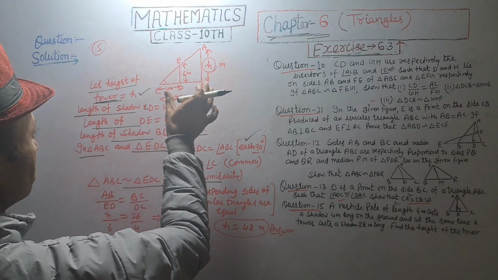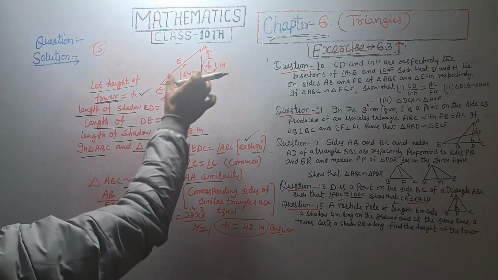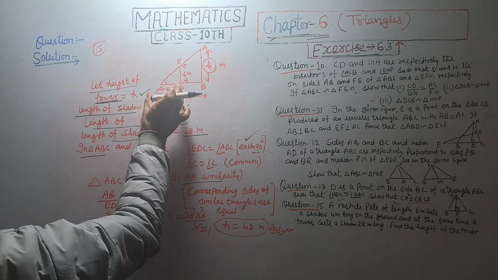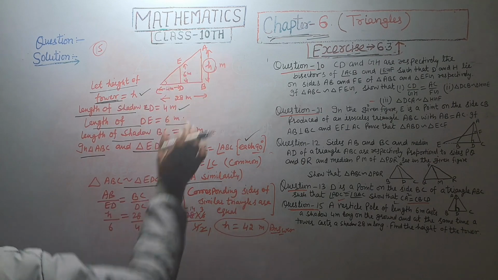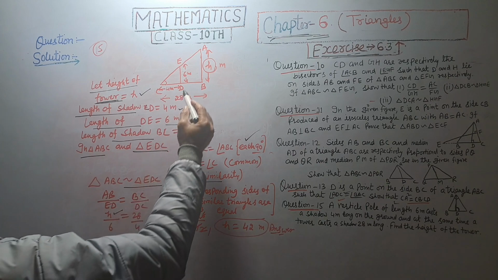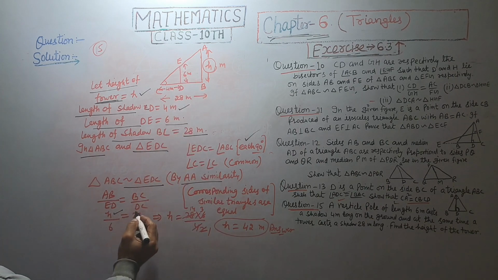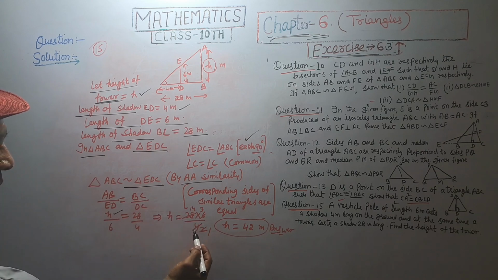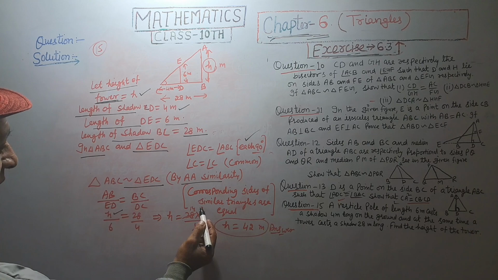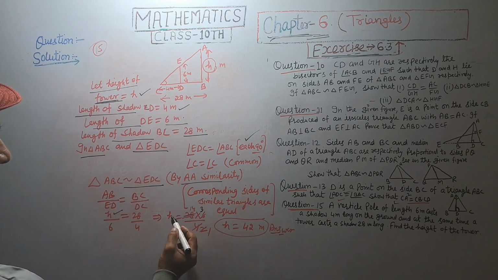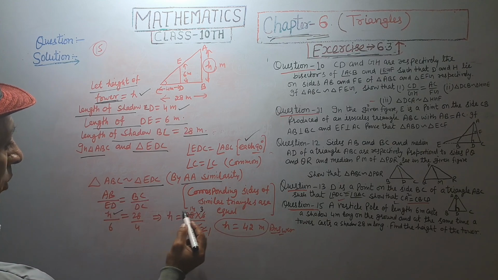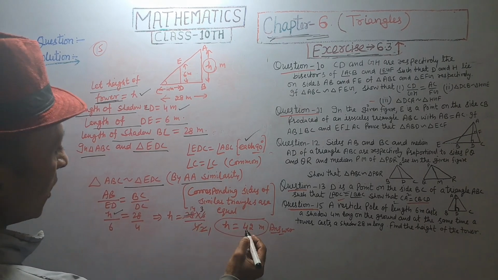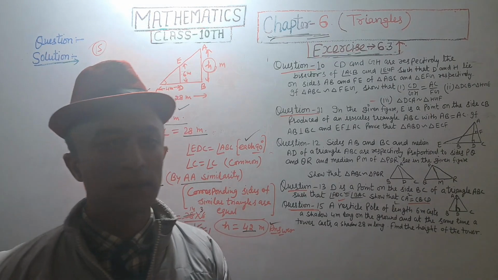So AB upon ED is equal to BC upon DC, AB is h, ED is 6 meter, BC is 28 and DC is 4. 6 multiplied by 28 divided by 4. 2 2s are 4 and 2 3s are 6, 2 1s are 2 and 14 2s are 28. Then we get height h equal to 14 3s are 42 meter. Answer. Thank you so much.